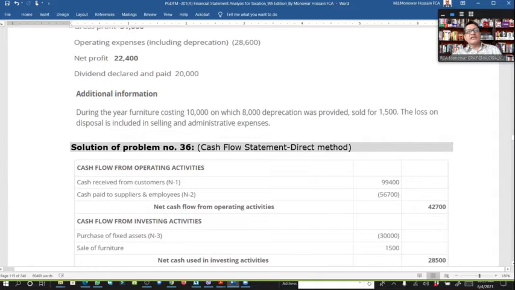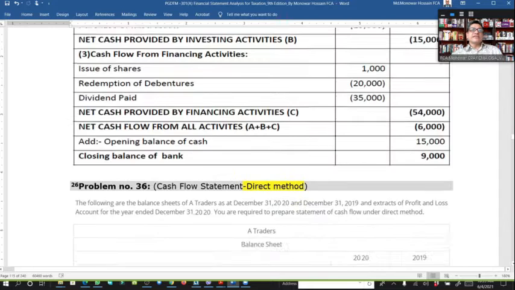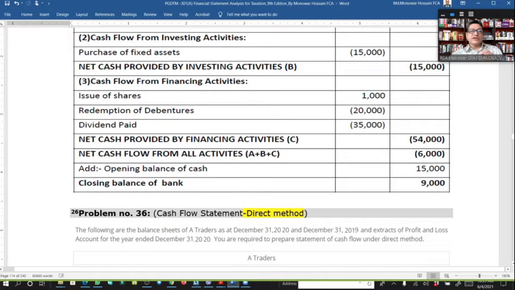Given the additional information, during the year furniture costing 10,000, on which 8,000 depreciation was provided, was sold for 1,500. The loss on disposal is included in the selling and administrative expenses, but it should not be in the selling and administrative expenses. It goes directly to the financing activities.